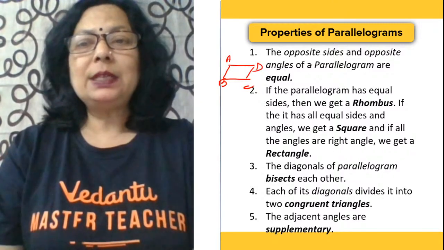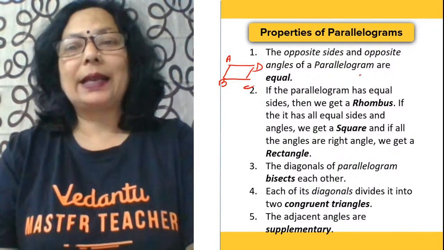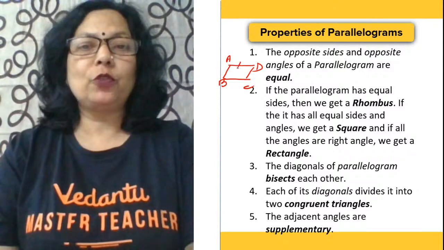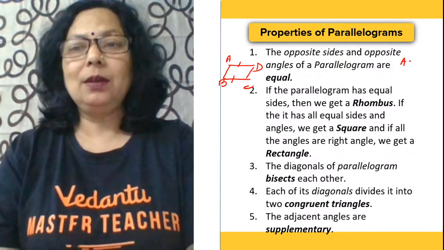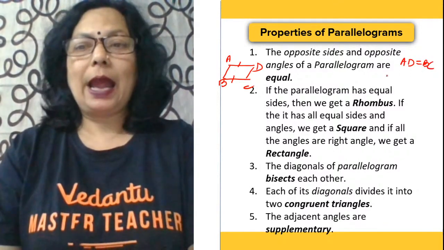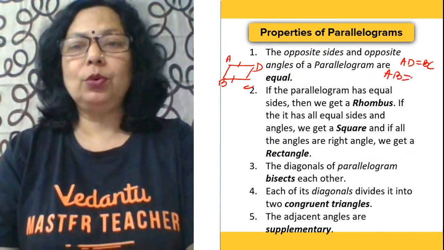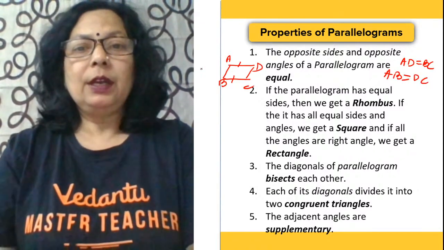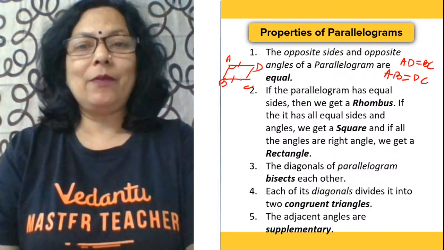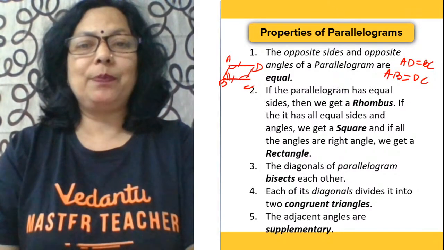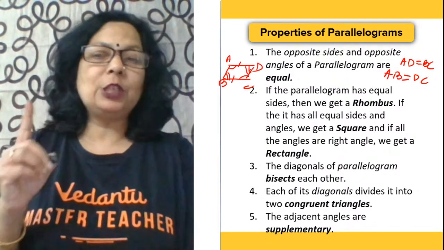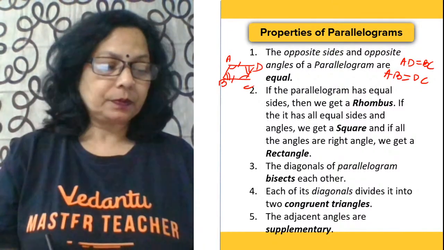The opposite sides and the opposite angles of the parallelogram are equal. First of all, AD will be equal to BC, is it right? And AB will be equal to DC, right? And also angle A will be equal to angle C and angle B will be equal to angle D. This is the first property of the parallelogram.